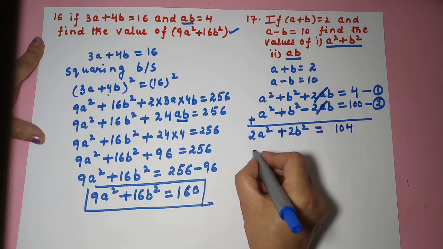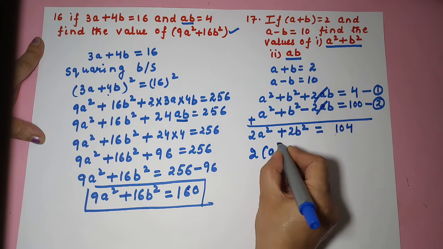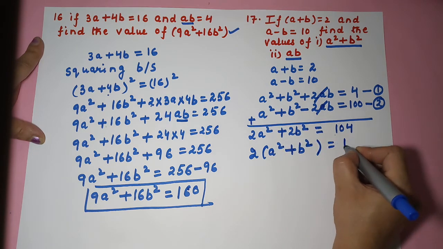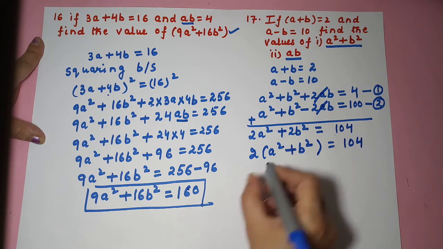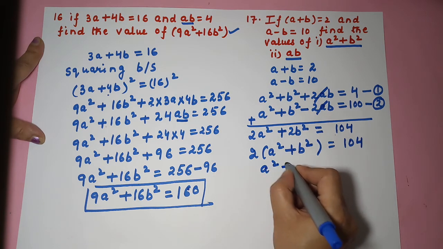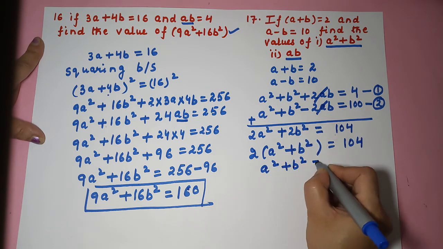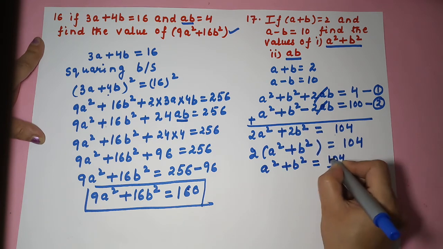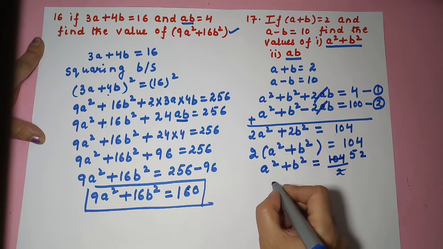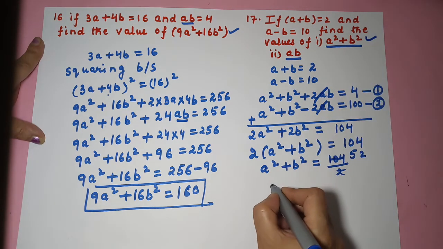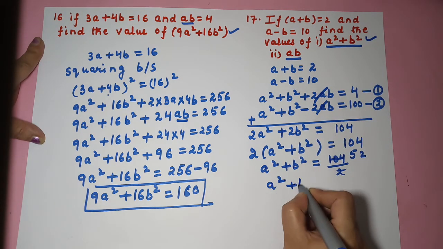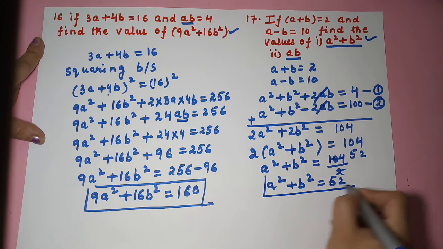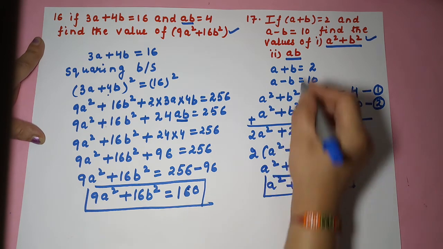Now here I can take 2 common and then I will get a square plus b square equal to 104 divided by 2. So 2 5s are 10, 2 2s are 4. So I got the value of a square plus b square as 52. Fine.